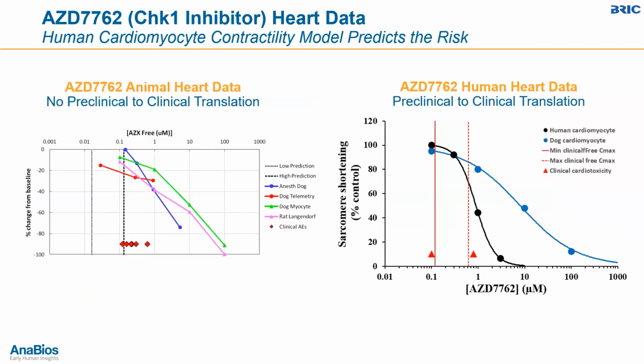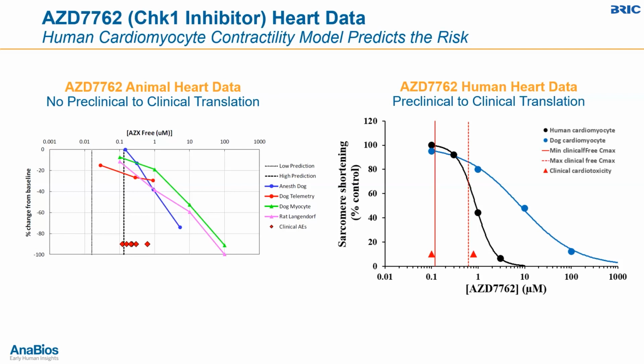In addition to hydroxychloroquine, this is another example, AZD7762. This compound was developed by AstraZeneca as an anti-cancer agent. On the left-hand side of the slide you can see all the data that were generated using animal models, a cell line, or dog myocytes.